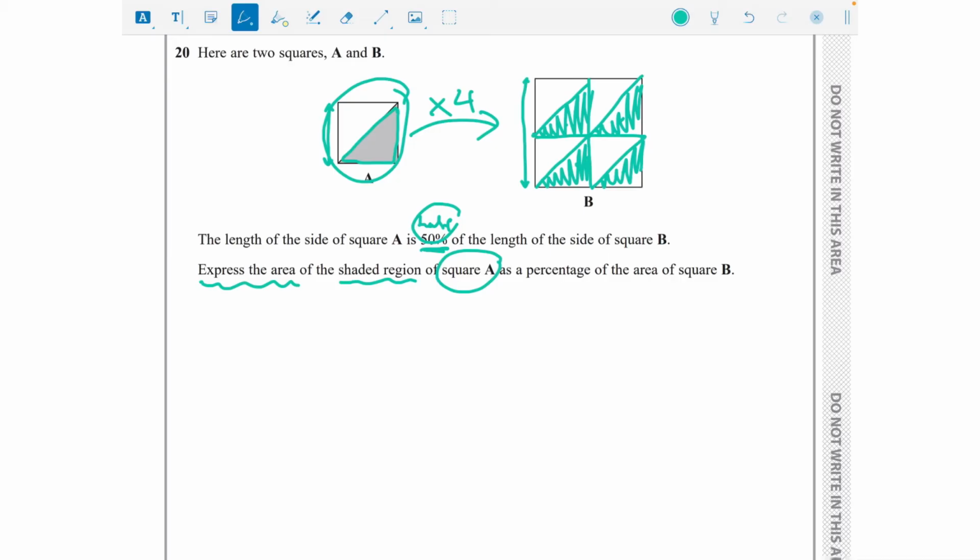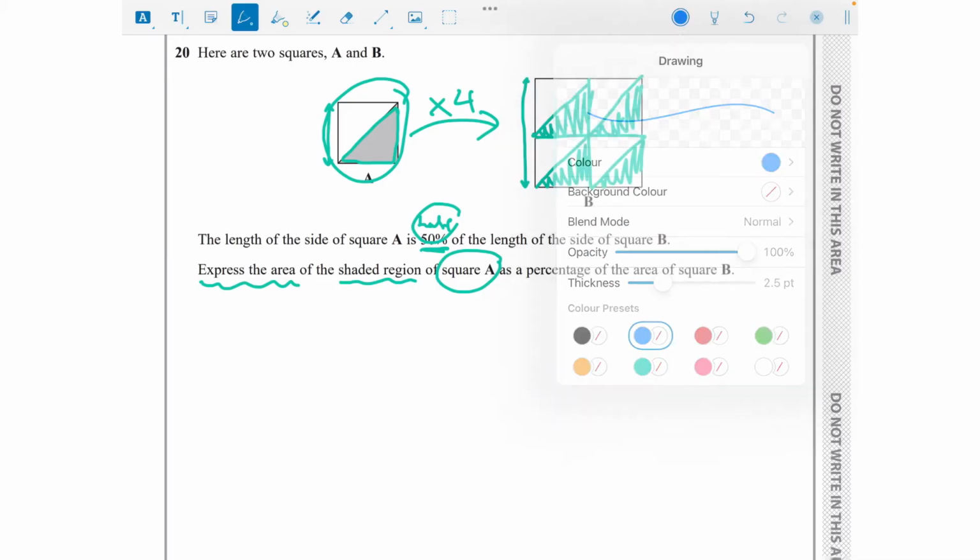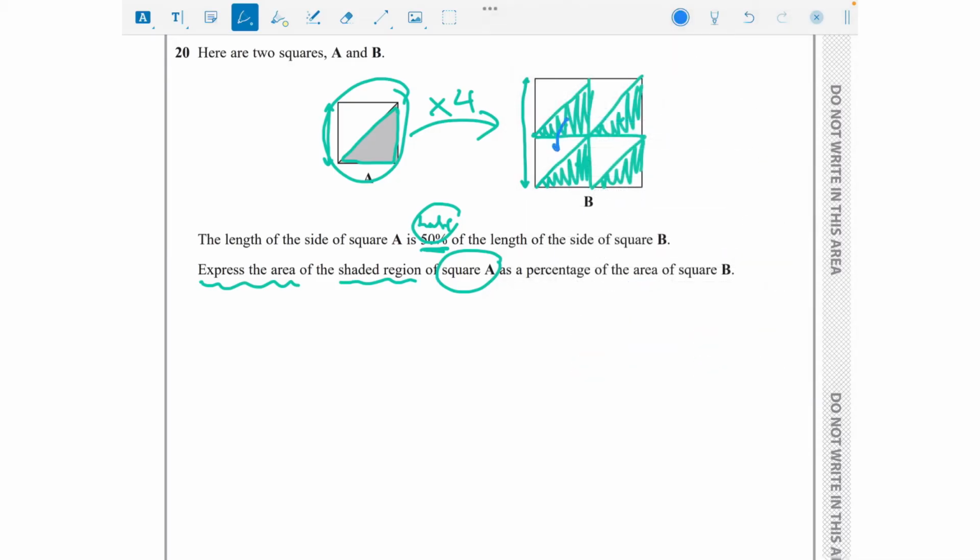I could put this bit here and this bit here, and I'd have no shading at the top anymore. Hopefully you can see that those could go together, and then how much of it would be shaded? Well, it would be half shaded, so we'd have 50% shaded, so the answer is 50%.